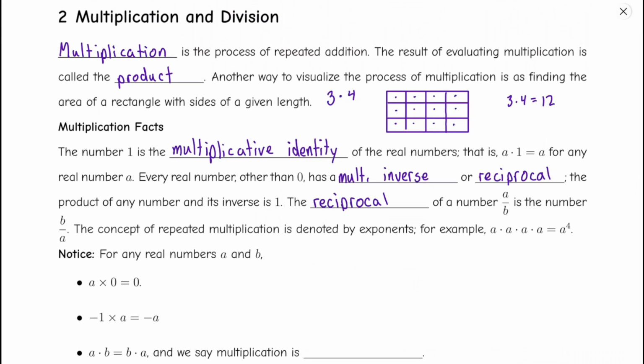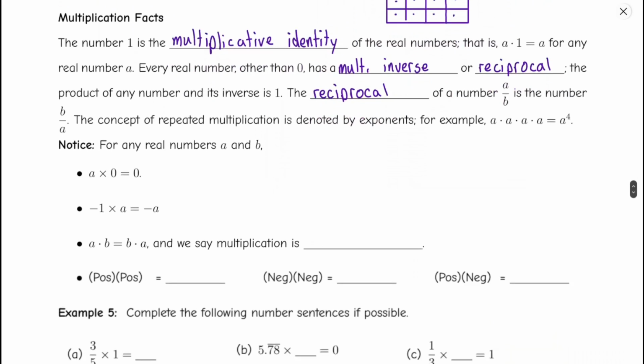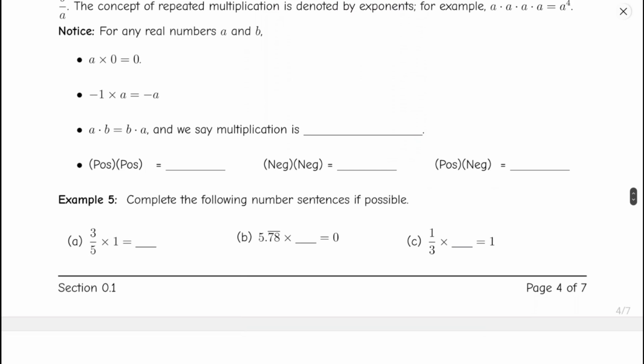The concept of repeated multiplication is denoted by exponents. For example, a times a times a times a equals a to the 4th power. Notice for any real numbers a and b, a times 0 equals 0.